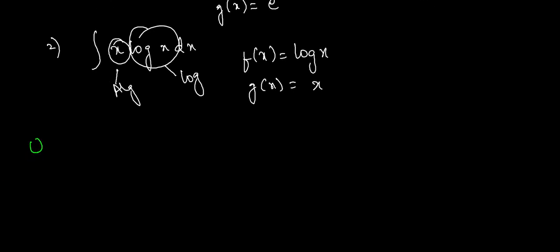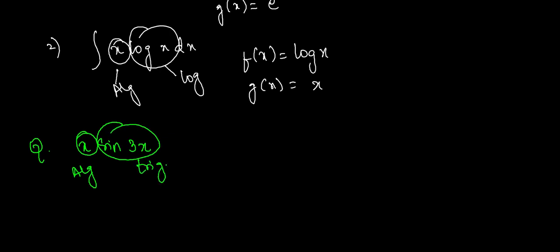Let's solve a simple NCERT problem, that is x sine 3x. So this is our question. In this, x is my algebraic function and sine 3x is my trigonometric function. So write down the ILATE rule and you check, algebra comes first and then comes the trigonometric function.